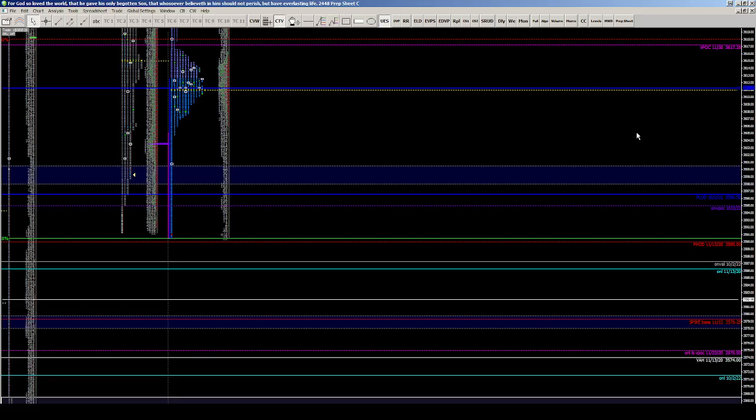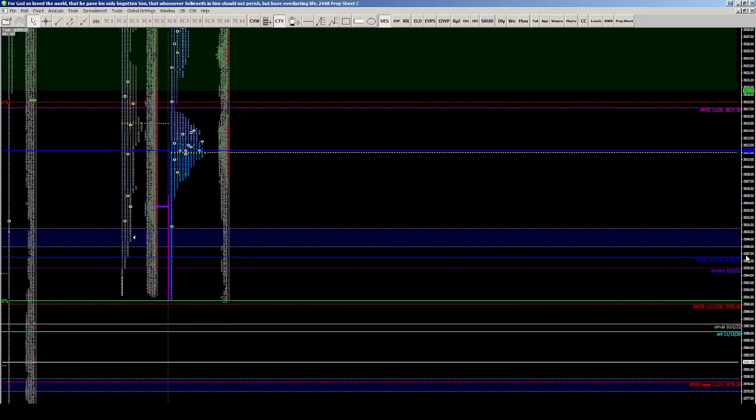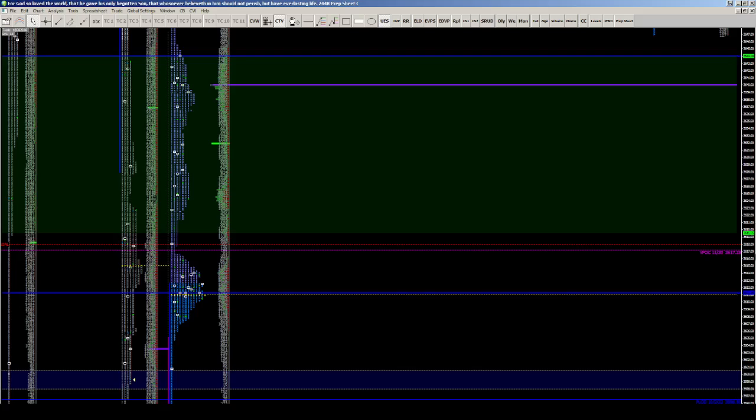I want to be able to see that profile. Here is Monday's range. This is what we're talking about. I'll make this a different color.